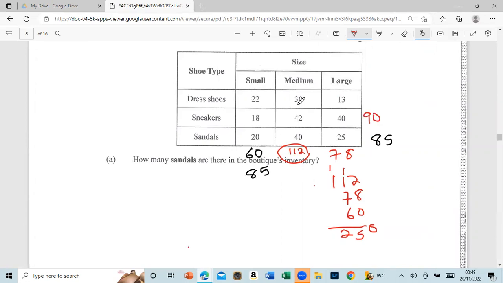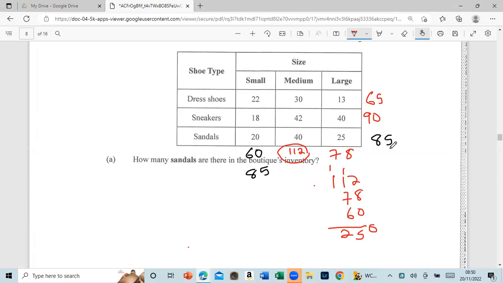All right, but we need to know the total overall. This works out to 65. 22 plus 30. So the total shoes will come from this.